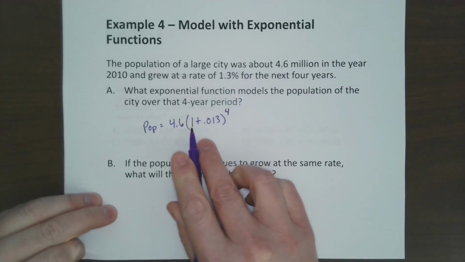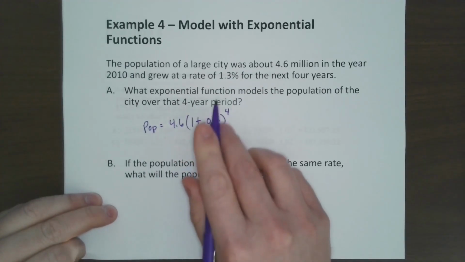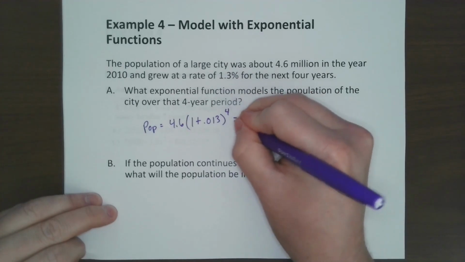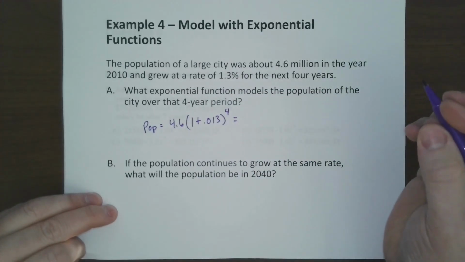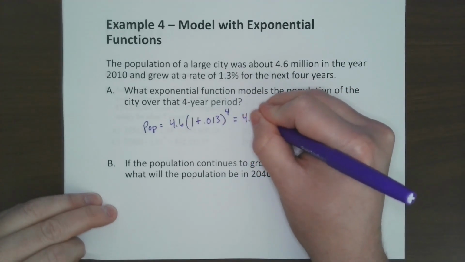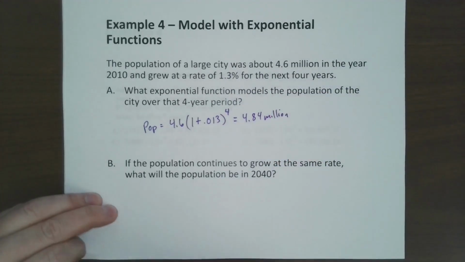The reason we put the 1 is because we have to include the original amount and then increase it every time by 1.3%. So if you plug this in the calculator, we get 4.84 million. It grows rather quickly.